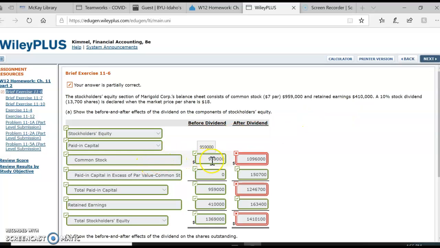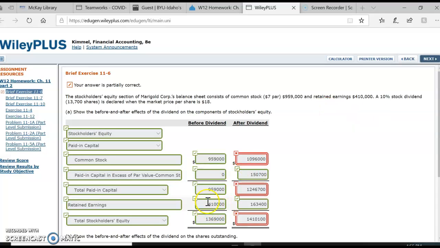So common stock, we'll put this number, and the paid-in capital in excess of par value common stock is 0. Then the total paid-in capital is going to be this same number. And then retained earnings, according to the instructions, is $410,000.